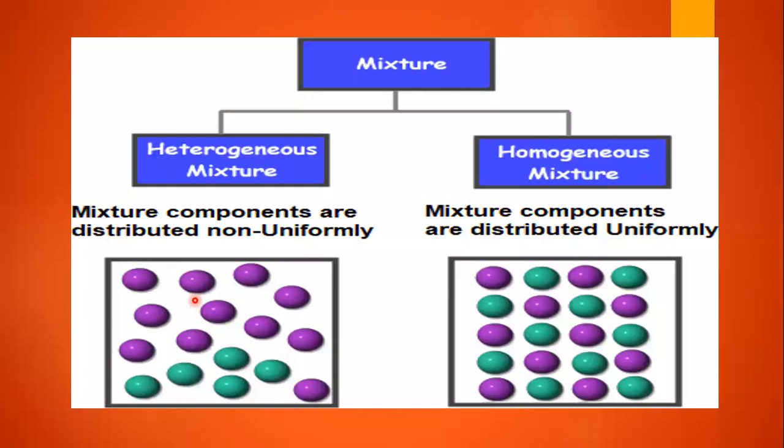In CI engines, first of all we take air through the inlet, and during the suction process the whole air is sucked in. During the compression process the whole air is compressed, so pressure and temperature increase.